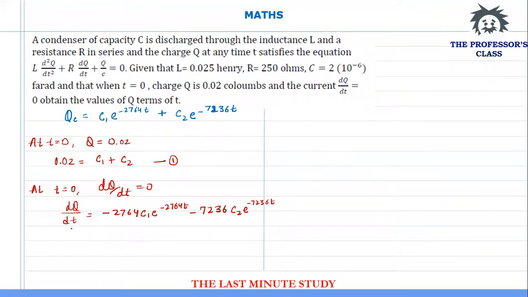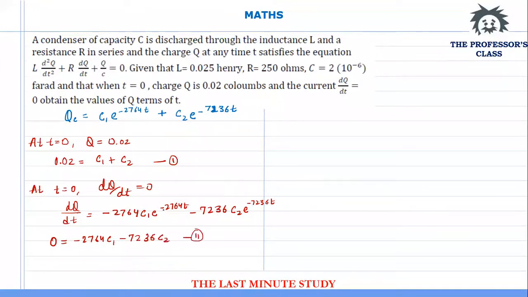Right, so this is the equation I got. Now if I substitute t equals 0, dq by dt is by default 0, and this will become 1 and this will become 1, because anything raised to the power 0 is 1. The equation will become 2764 C1 minus 7236 C2 is equal to 0.